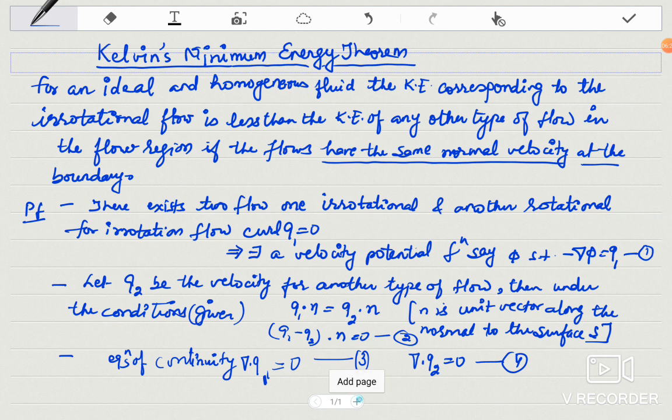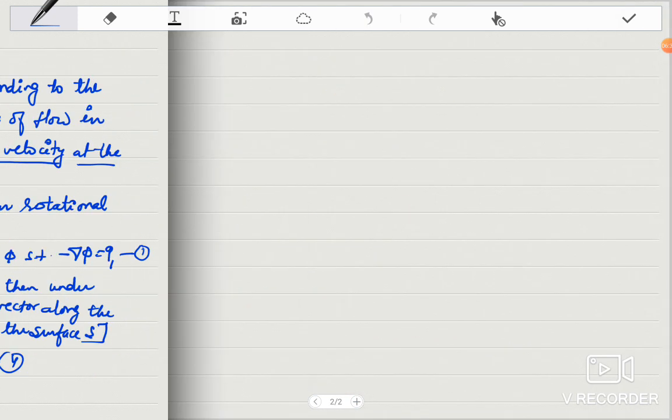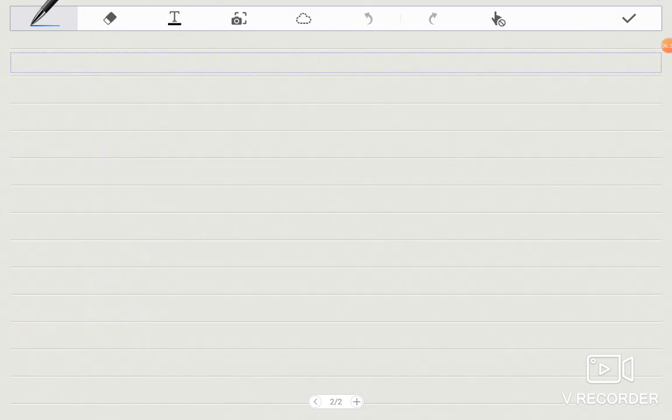Now I have to prove that the kinetic energy with respect to q1 is less than the kinetic energy with respect to q2. So I will write T2 minus T1. T2 is the kinetic energy of the flow which is other than irrotational, and T1 is the kinetic energy for irrotational flow.